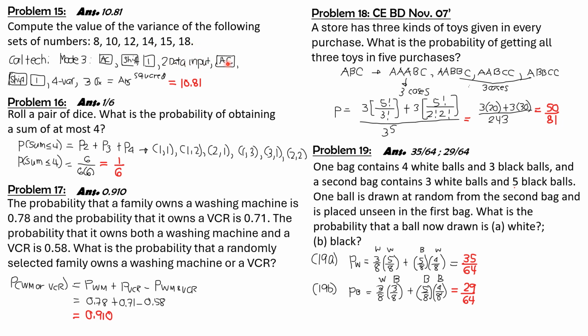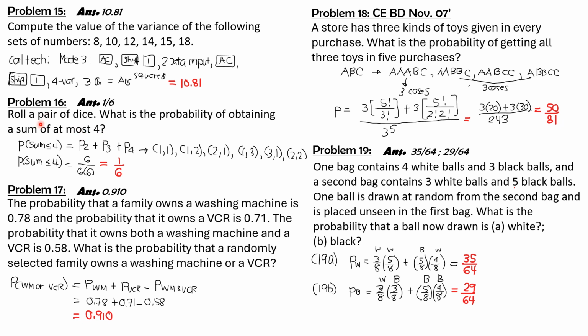Then press AC, press shift key again, then select 1, then select 4 for these options, then press 3 to get the standard deviation, then press equals to get the answer. That standard deviation should be squared, and that's the variance. So the variance should be 10.81.